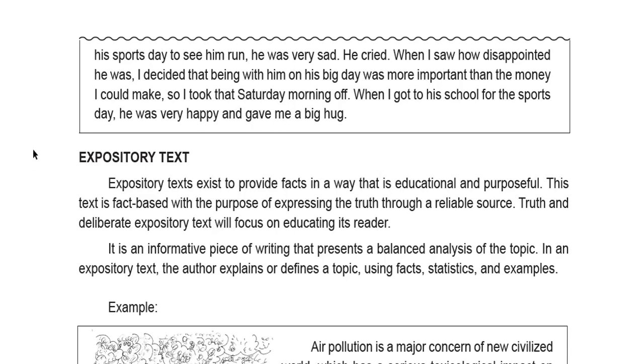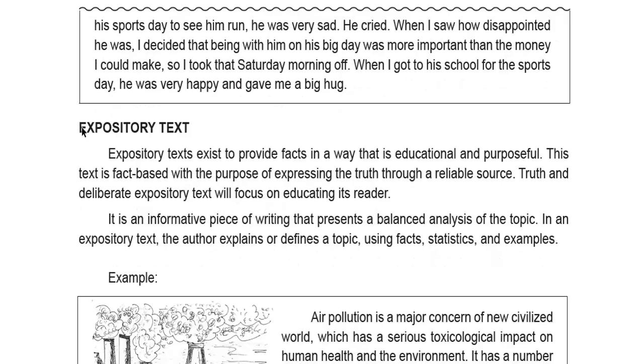The third type of text is expository text. Expository texts exist to provide facts in a way that is educational and purposeful. So remember that expository text is educational. This text is fact-based, so it is based on truth with the purpose of educating the reader.